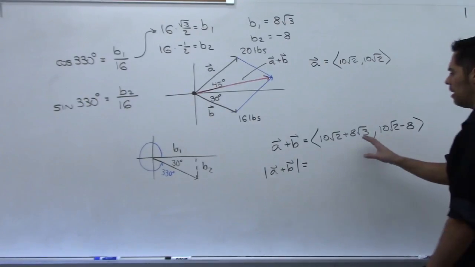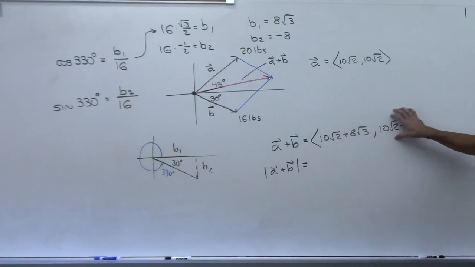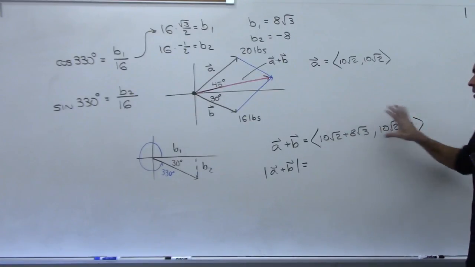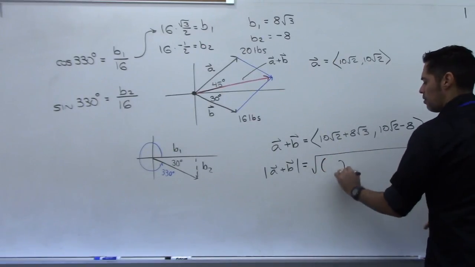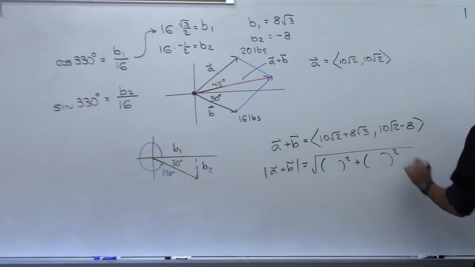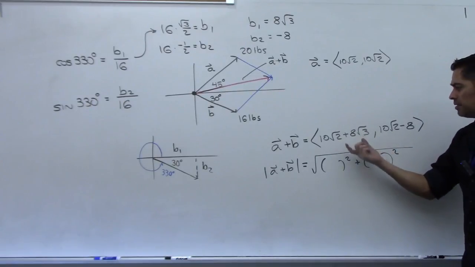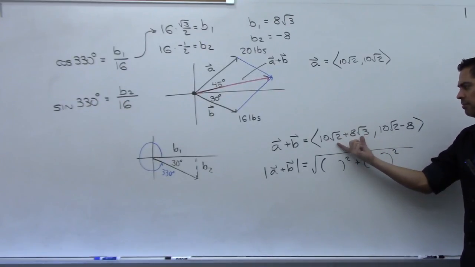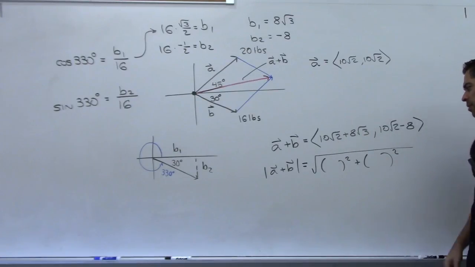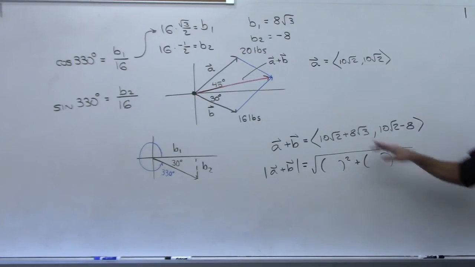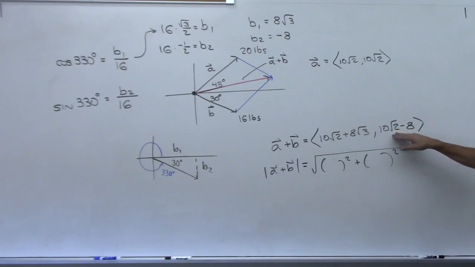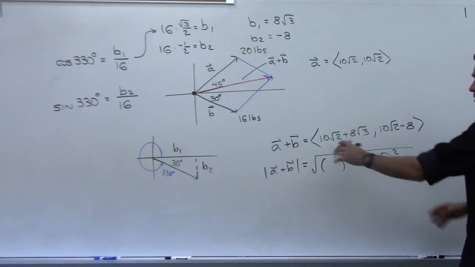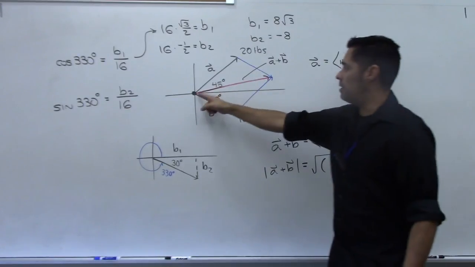So get on your calculator, figure out what that number is, figure out what that number is. And once you figure that out, you take this number, you square it, plus this number, you square it. I mean, you could do this by hand, but you're multiplying two terms that involve roots, and algebraically, I don't have time for it. So figure out what that number is with the calculator, put it here, square it. That number on the calculator, square it. Put that all together, square root. That's the length, and that should represent this.